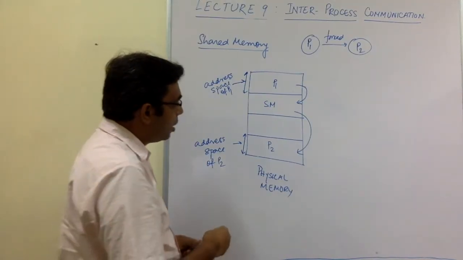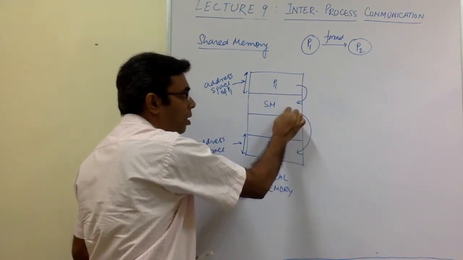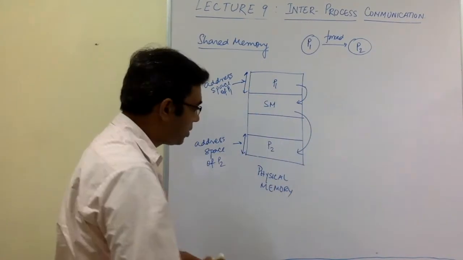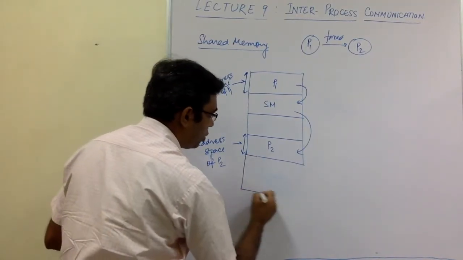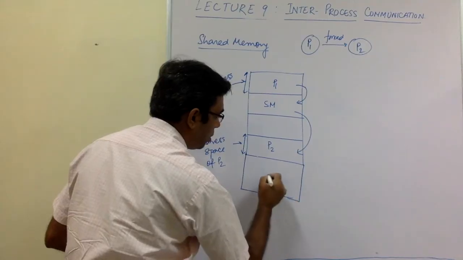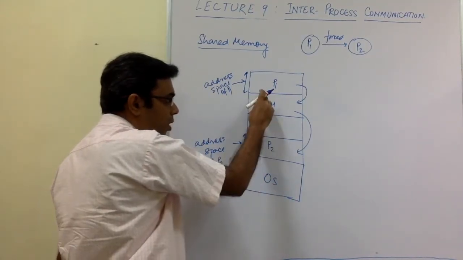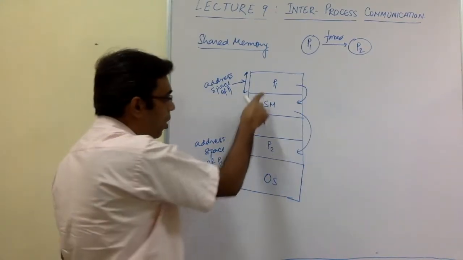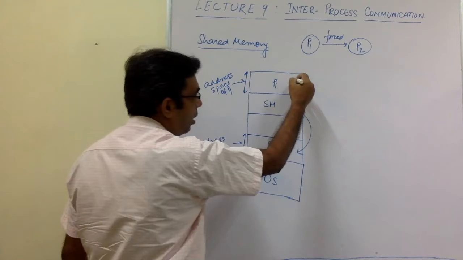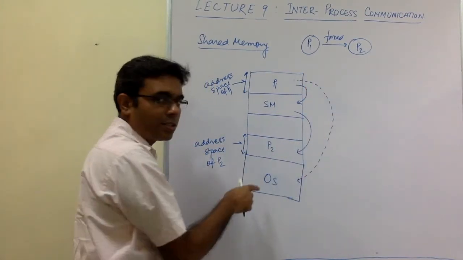Now interestingly, this shared memory which was maintained by the operating system now is part of the user space. So let's say this is the portion which is the OS, the shared memory was currently held by the operating system. One of the processes, P1, had requested the operating system to provide such a shared memory.